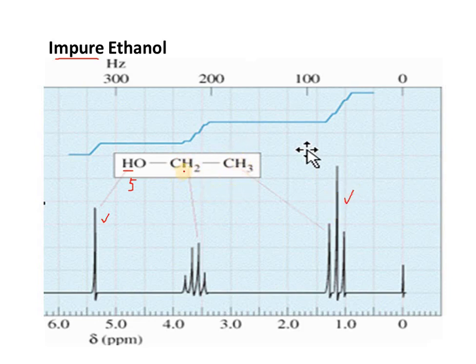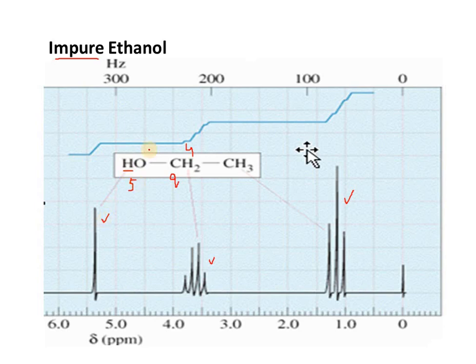And now the CH2 protons will show a quartet because 3 neighboring protons are present, 3 plus 1, that is 4. There are 4 peaks, and the OH will show a singlet.